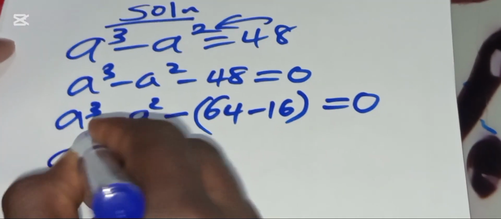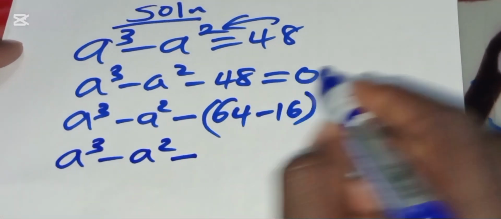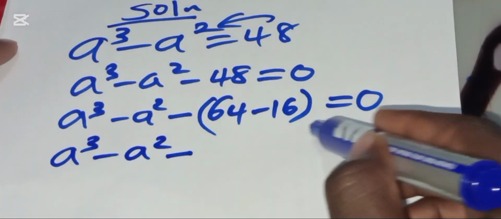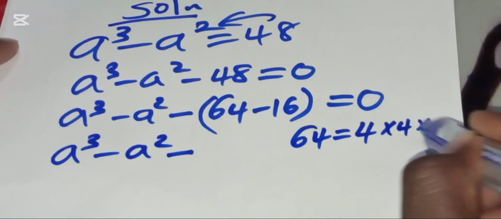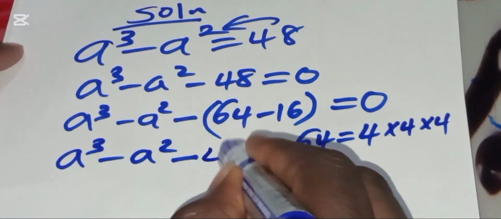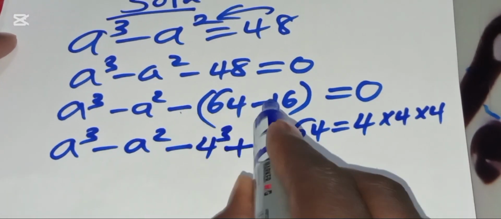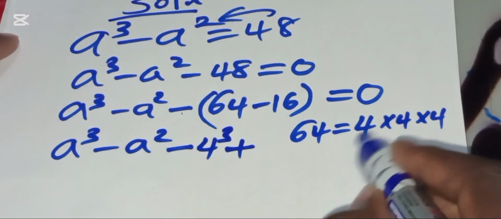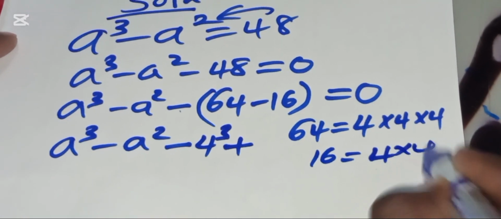Now we'll have a cubed subtract a squared, and 64 can be expressed as 4 times 4 times 4, which is 4 cubed. Then negative times negative 16, and 16 can be expressed as 4 squared, which is 4 times 4.